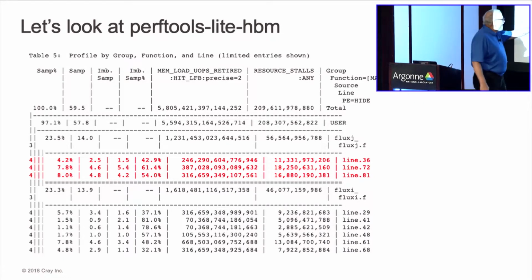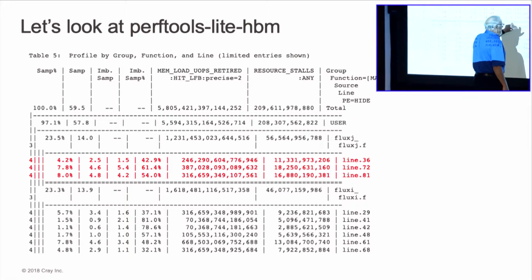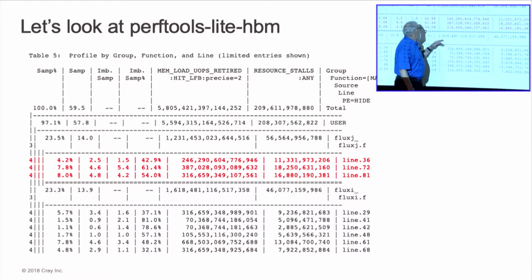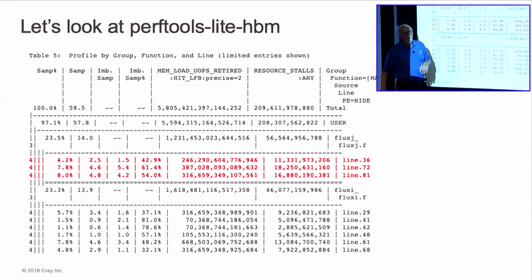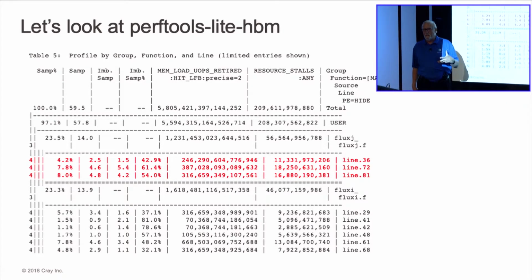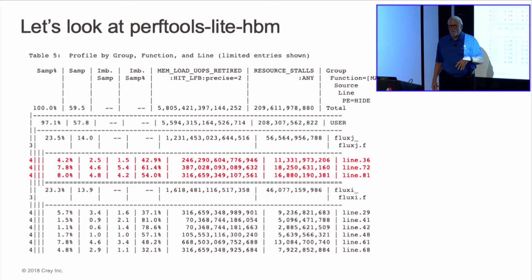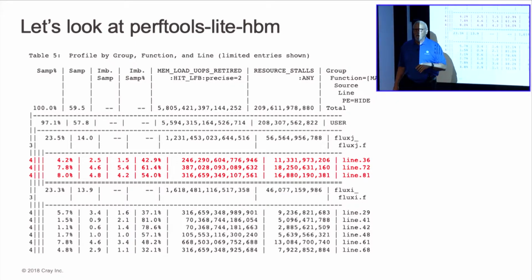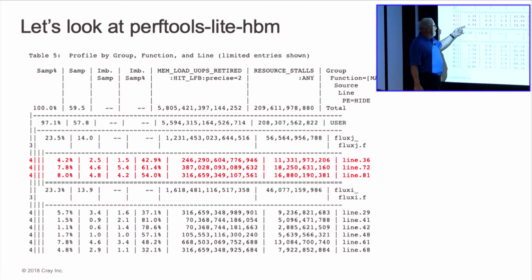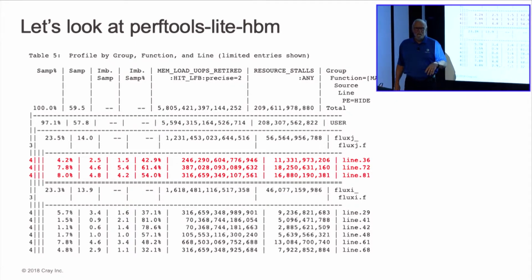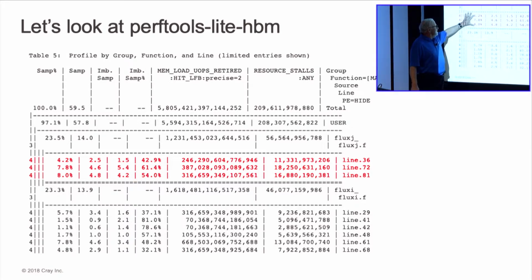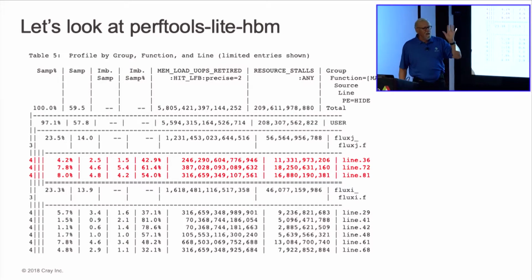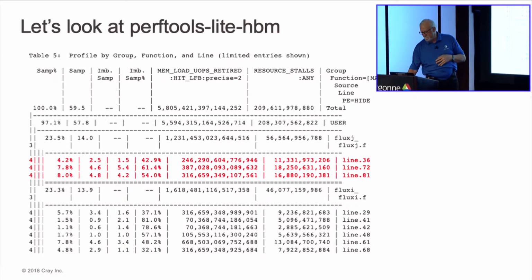So this is saying that line 36 in FluxJ is responsible for 4.2% of the memory bandwidth. And line 72 is 7.8, and 81 is 8%. I mean, that's almost 20% of the bandwidth.